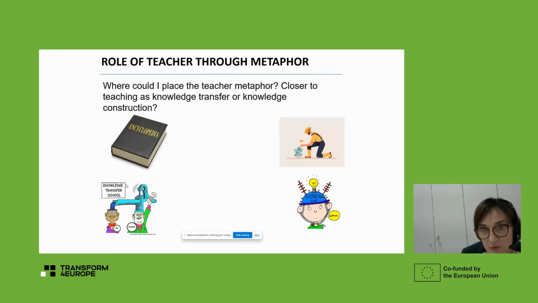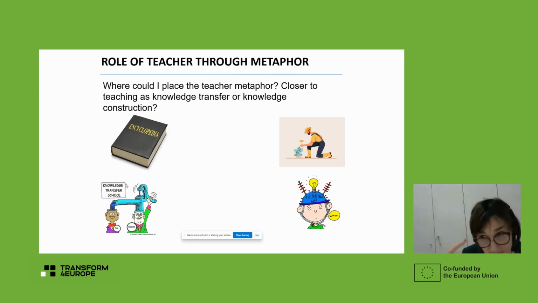Another popular metaphor, which was also mentioned by one of you, coach, trainer. Again, this metaphor can be seen very much on the knowledge transfer part, saying, okay, you as a coach have the knowledge and you transfer the knowledge to the students. The coach is usually an authority, has this high hierarchical background.